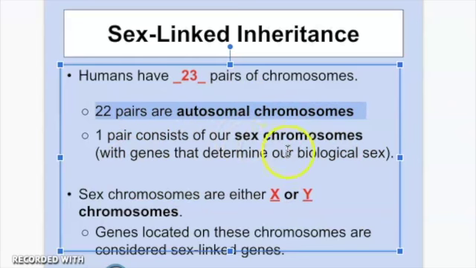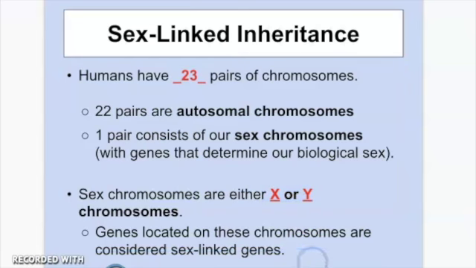Now, our sex chromosomes, those are either X chromosomes or Y chromosomes. Okay, and the genes that are located on these are considered sex-linked genes. We're going to be talking a lot about these two different chromosomes and how those genes are sex-linked.